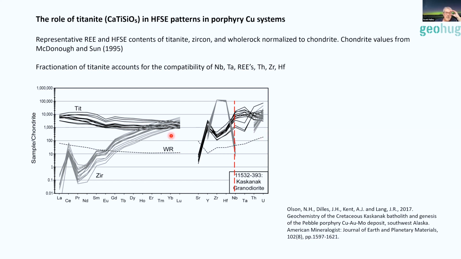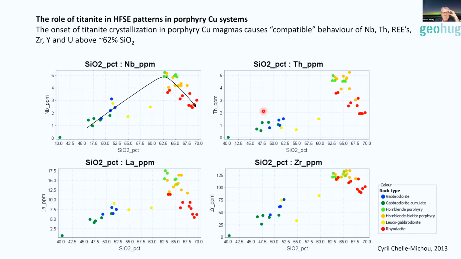And what is shown here is that for the full range of the rare earth suite, the titanite contains more than 2 orders of magnitude higher levels of rare earth elements than the whole rock value. And titanite also soaks up all of the yttrium, some of the zirconium, lots of niobium, lots of thorium, lots of uranium. So that explains what we saw in this diagram.